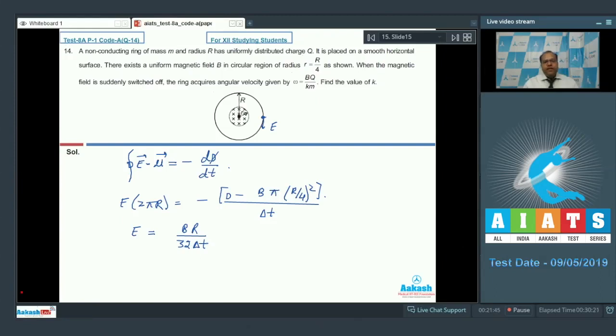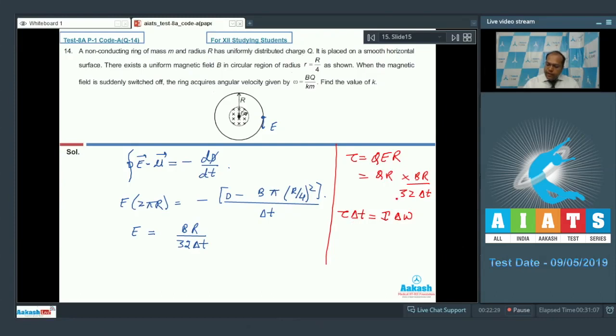So at this moment, if I write the torque acting on the ring, the torque can be written as Q, that is the total charge, into E into R, the point of application of force. So if I substitute the value of E here, it comes out to be QR into Br divided by 32 delta t. We know that tau into delta t is equal to the change in angular momentum, that is I into delta omega.